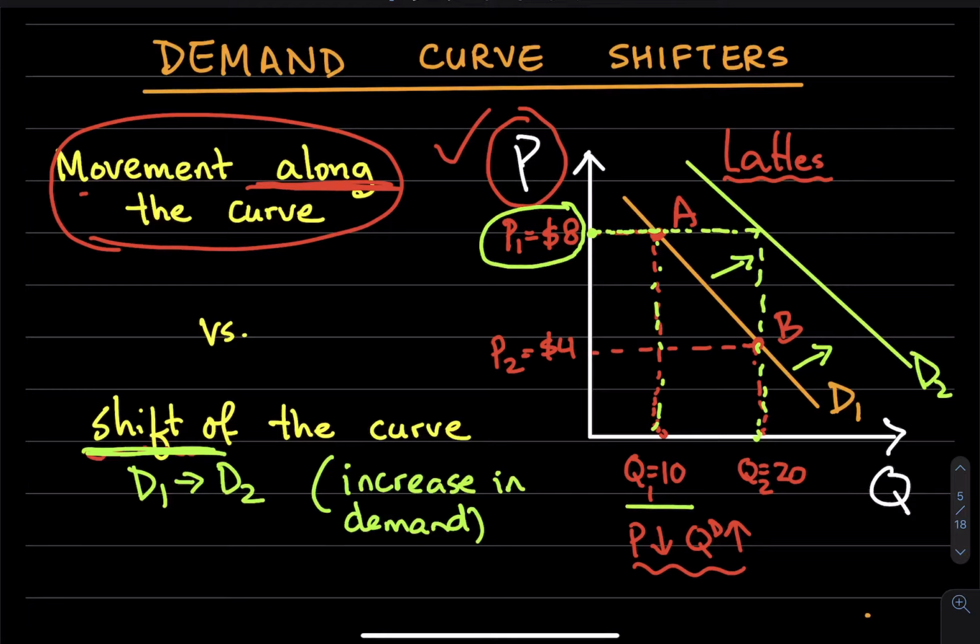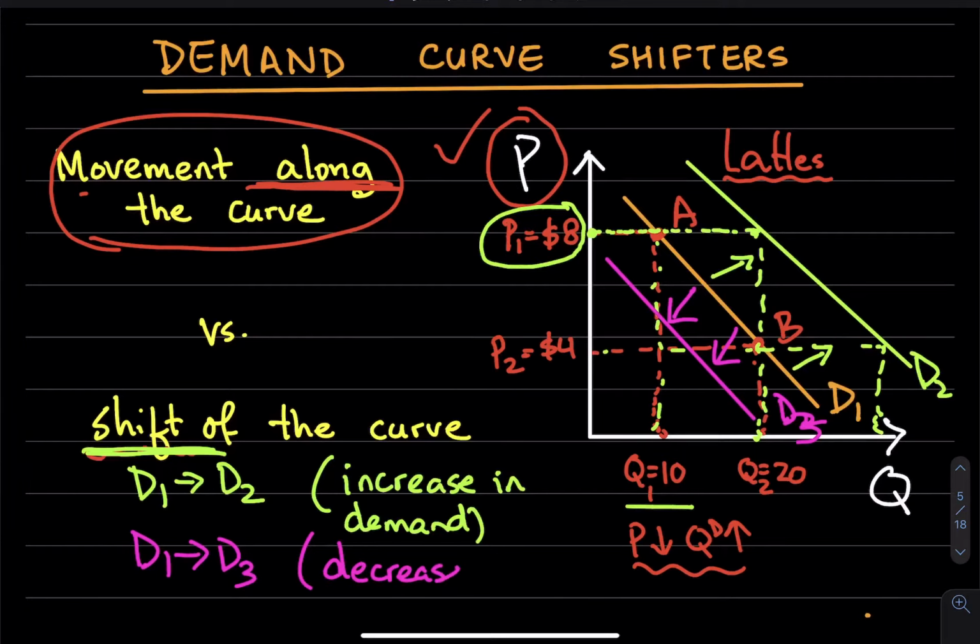But as the demand curve shifts, at the price point of $8, we are demanding 20 lattes, and much more at a price point of $4. So that's the idea. And you can imagine that if we were experiencing a decrease in demand, that would have been a leftward shift of the demand curve. So let's make this D3. If we went from D1 to D3, that is a decrease in demand.